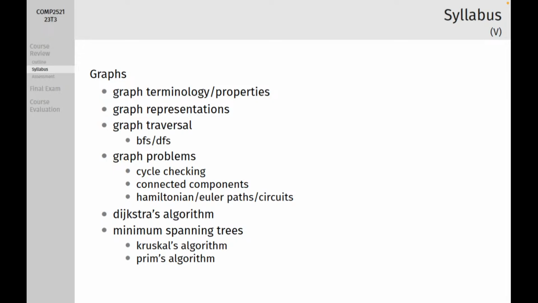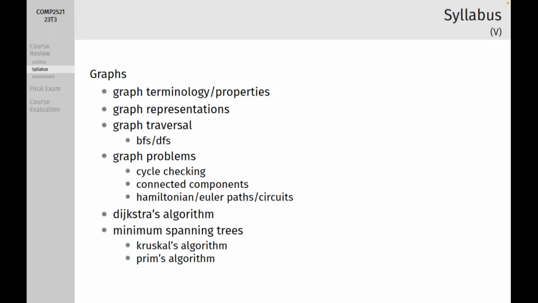Right? And there were 2 main ways of doing this, which were BFS and DFS. Right, so differences between the 2, remember that BFS visits vertices in order of distance from the starting vertex. BFS uses a queue, and it lets us find the shortest path, right, from one vertex to another vertex or to all other vertices.